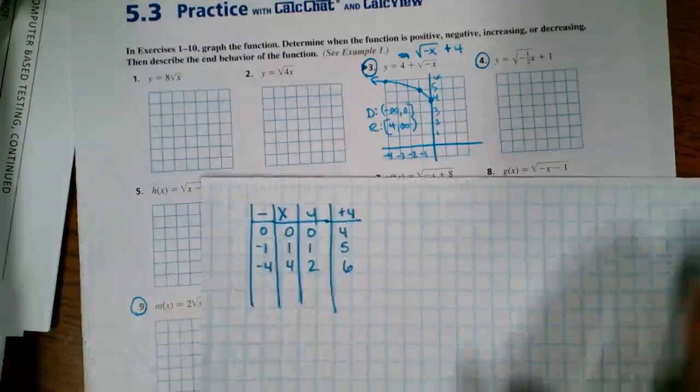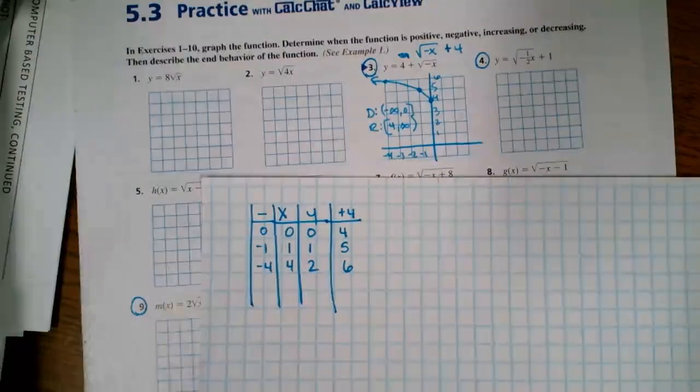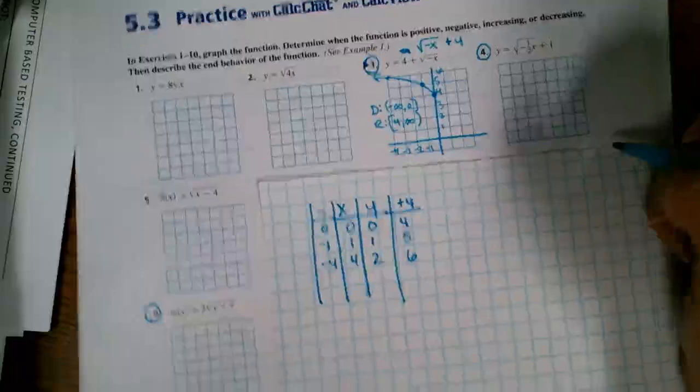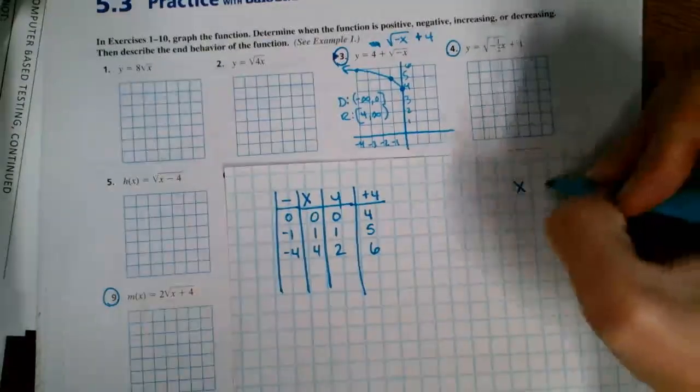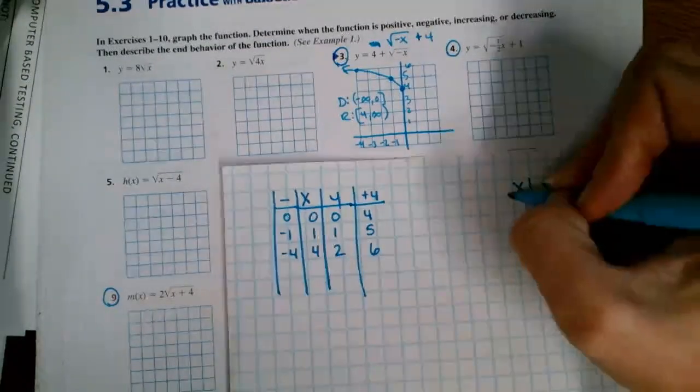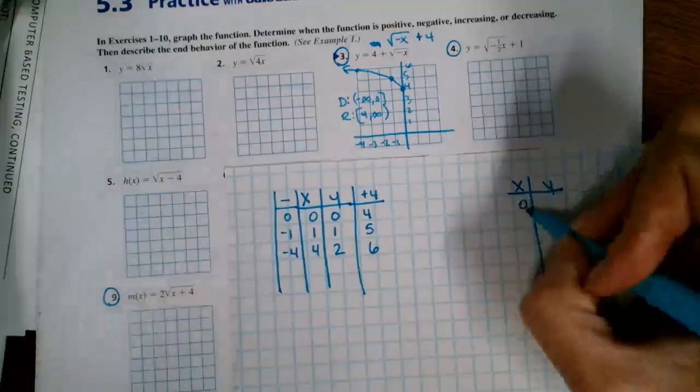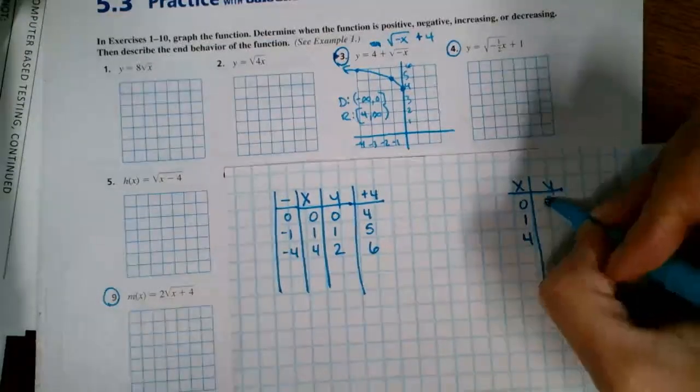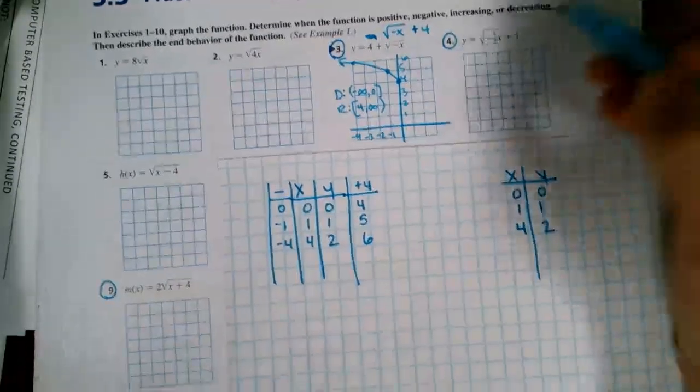Okay, number 4. Number 4, if we make our chart, 0, 1, and 4, 0, 1, and 2.